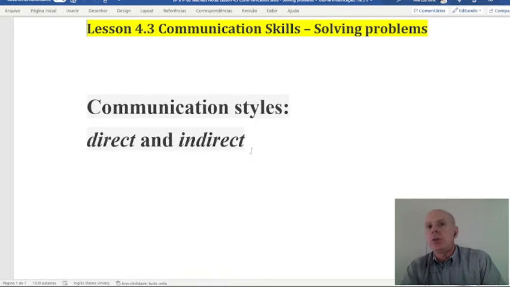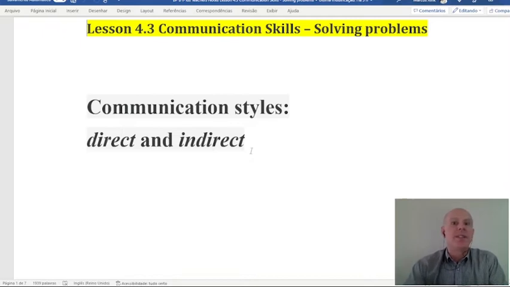Or do you go more indirectly, like praising the person for the efforts, agreeing that things are hard, and then showing the topic in an indirect way? Maybe the person realizes what you're talking about, what you want. How do you prefer?